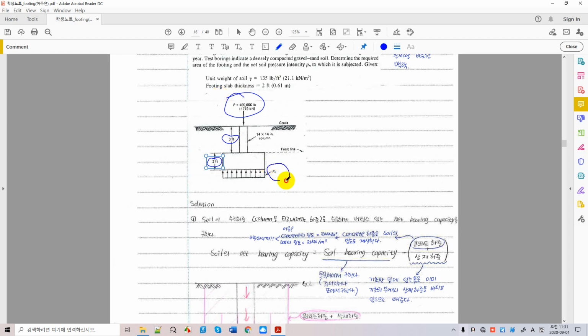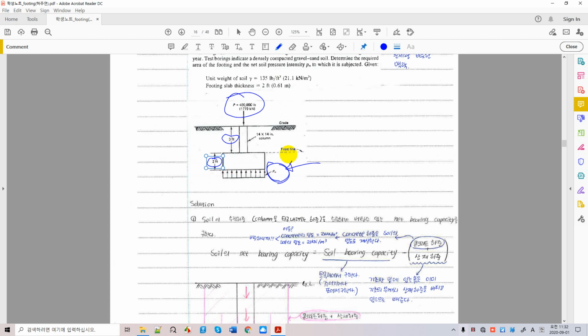And again, you have a soil allowable bearing pressure. That is the pressure that you can have from soils based on some type of test or calculations. This is usually given by soil engineers to structural engineers, so we should not worry about that much.